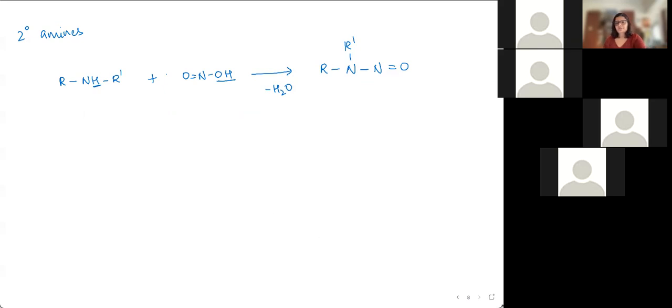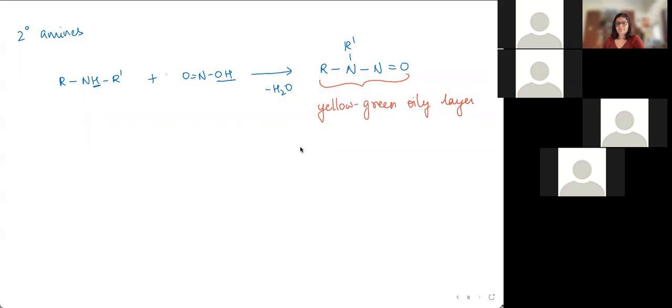Again, in this case, you don't have evolution of nitrogen. This particular product that is formed is a yellow-green oily substance. It's formed as an oily layer.